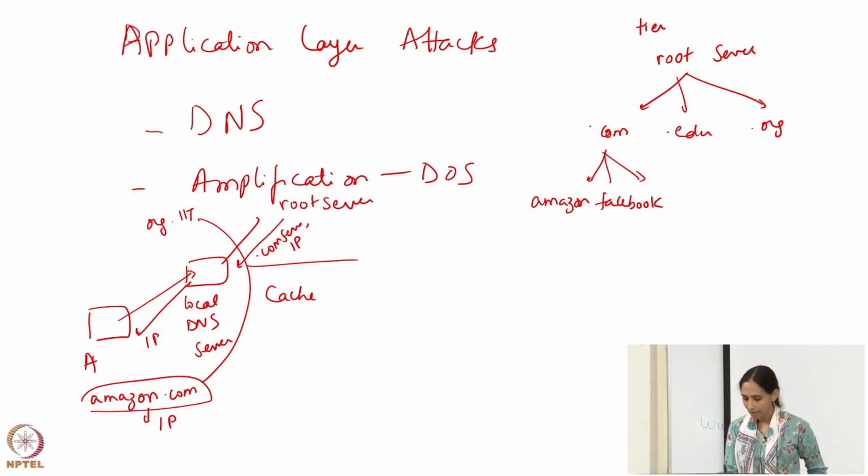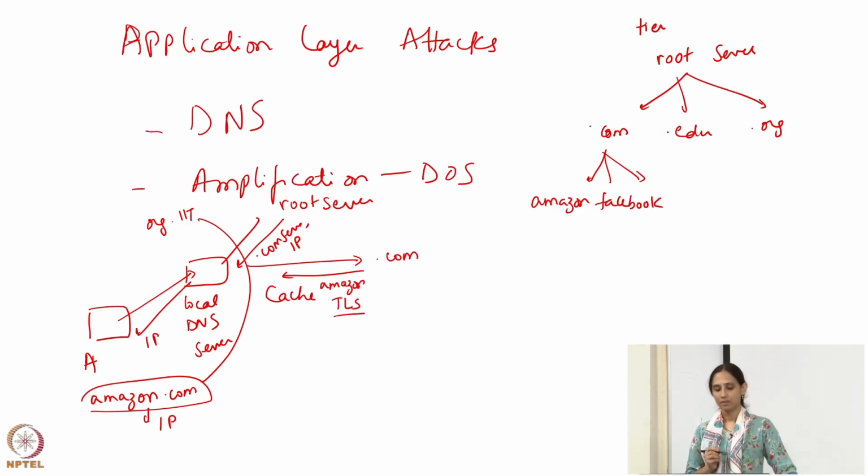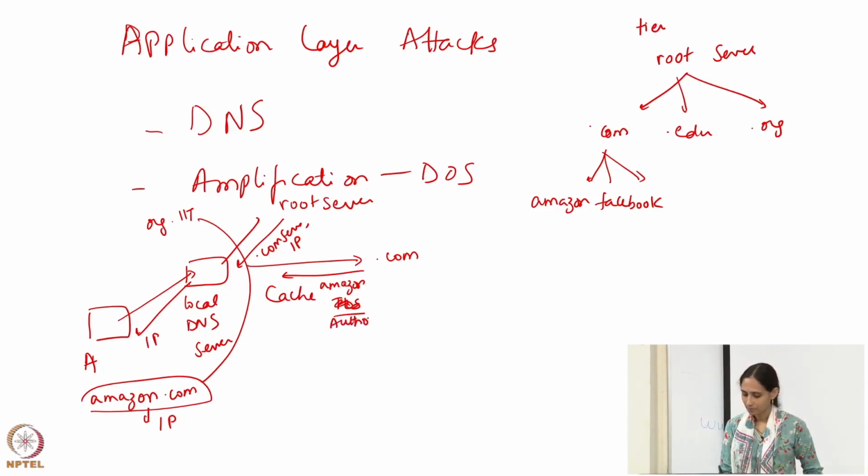Now, this local DNS server will contact the .com server. That one will say, I also do not know, why do not you contact Amazon's DNS server, those are called authoritative name servers.